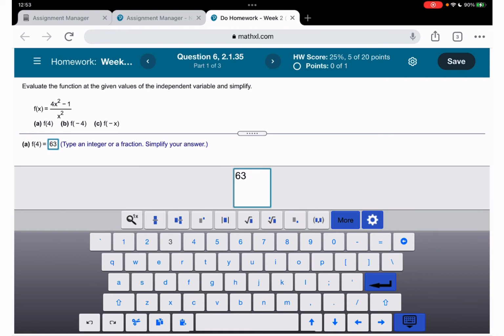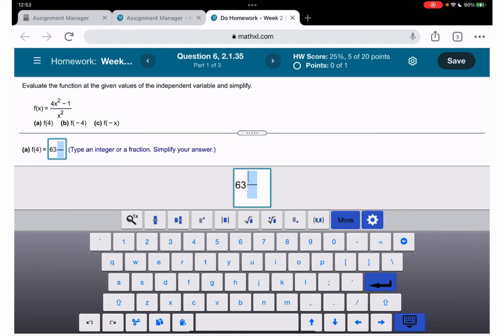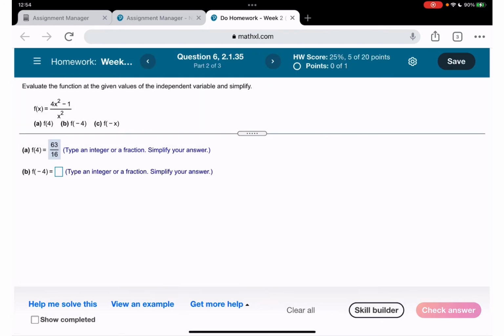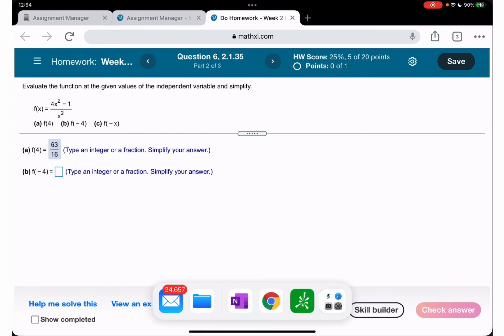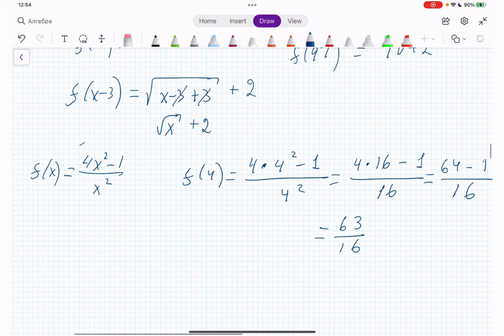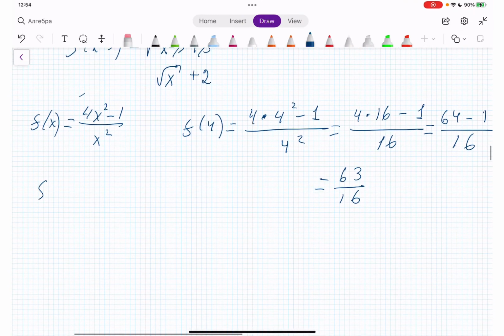Oh, fraction here. 63 over 16. Bingo. Next, f of negative 4, plugging negative 4. So f of negative 4 is our original problem.